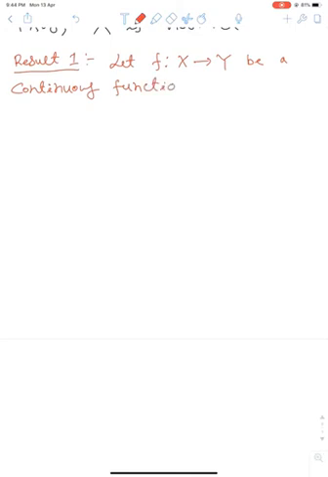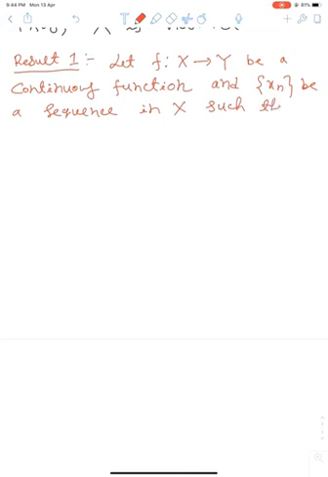So first of all, result 1: let f be a continuous function from X to Y, and say x_n is a sequence in X such that x_n converges to x for some x in X. Then the sequence f(x_n) also converges to f(x).